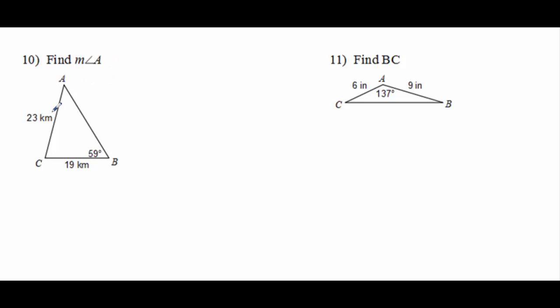Number 10. This is also side side angle, so we're going to use law of sines again. I'll try not to be quite as wordy on this one since we just did this. We know sides A and B and angle B. We're trying to find angle A. So let's set that up. So we're going to cross multiply.